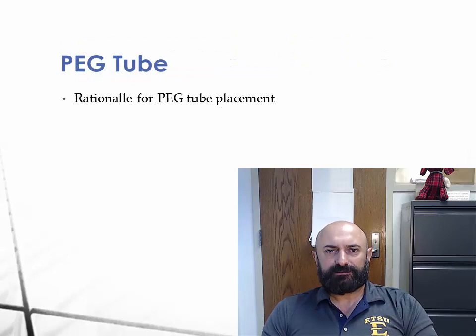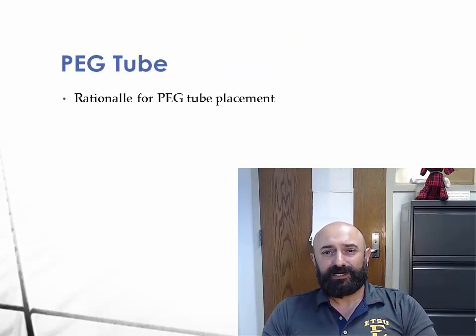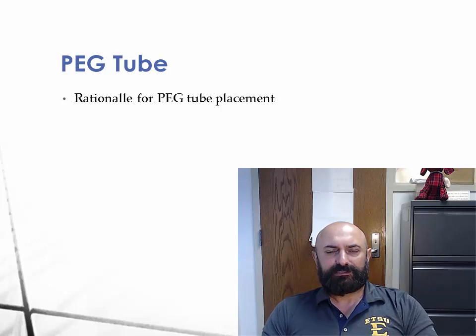So while we're talking about nutrition, let's talk about PEG tube placement. When it's appropriate, when it's recommended, when it is not recommended, when it's not appropriate. Let's look at two different examples. In the first example, you are dealing with a patient who has no cognitive dysfunction, no limitations, an elderly patient who has functional dysphagia.